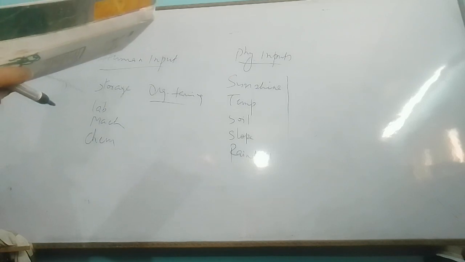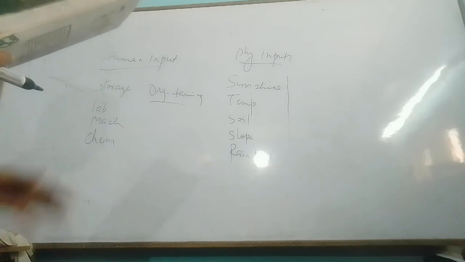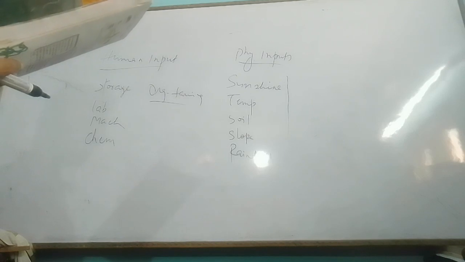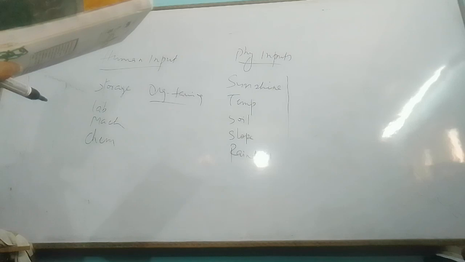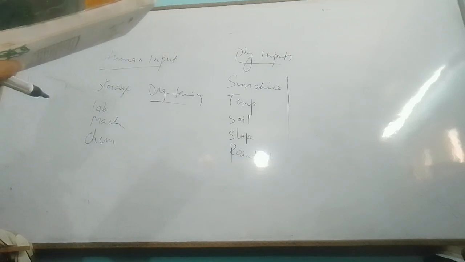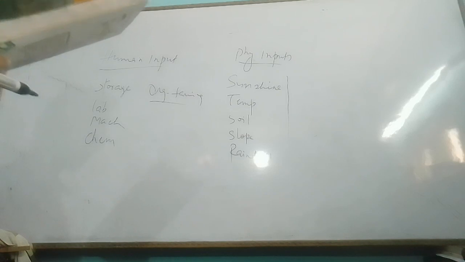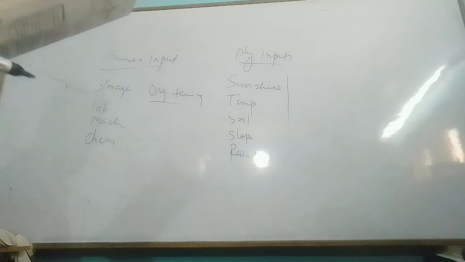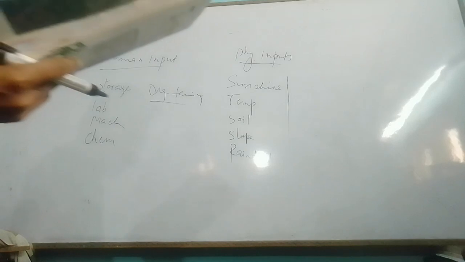So this is all about shifting cultivation, which is extremely important for practices in thickly forested areas of the Amazon. Okay, now next is nomadic herding. So what do you mean by nomadic herding?